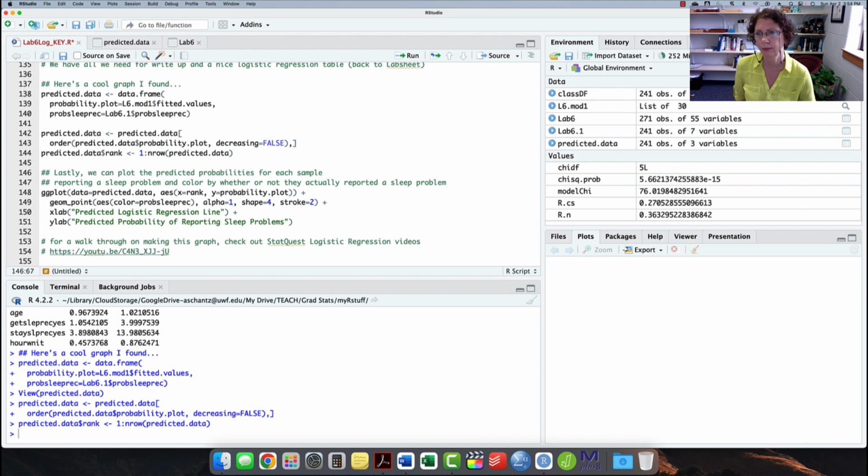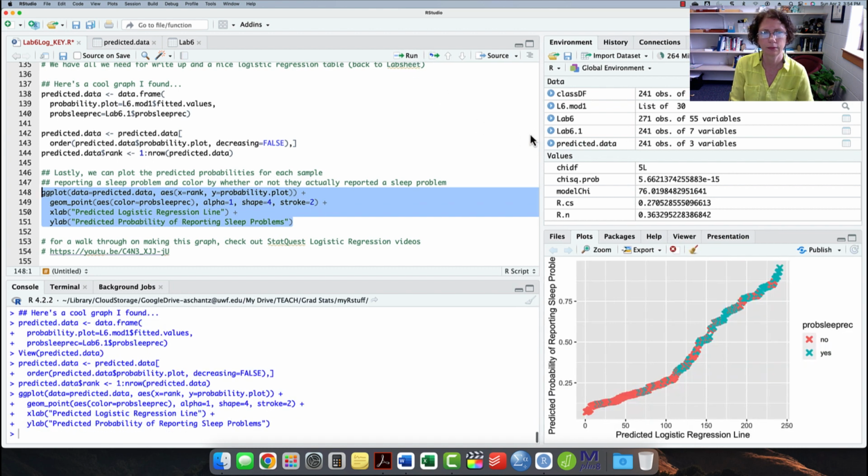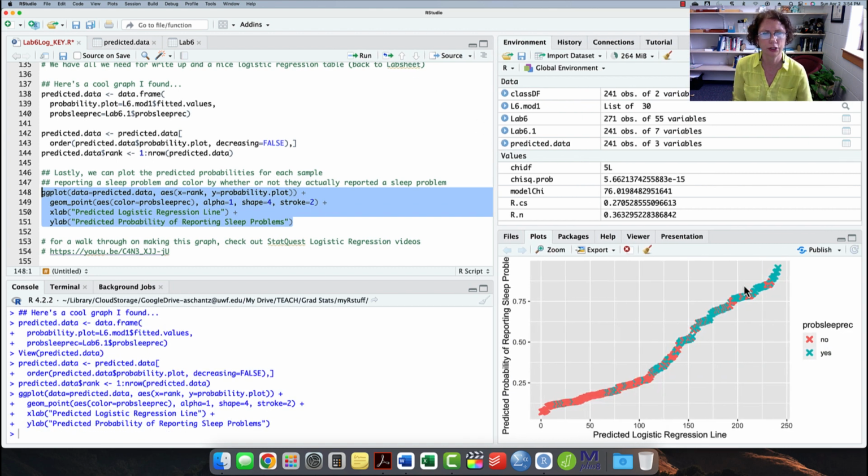There we go. So here, asking for a ggplot of that new data frame with rank and probability plot on the axes, and with these different labels and colors and shapes to make it pretty. So there's what my logistic function looks like for the data.